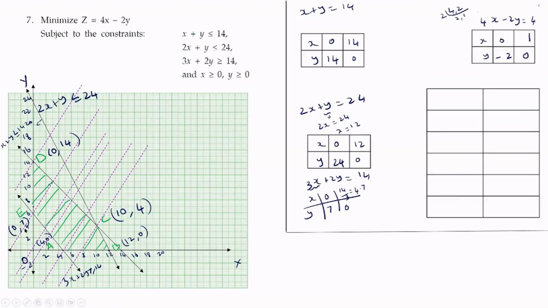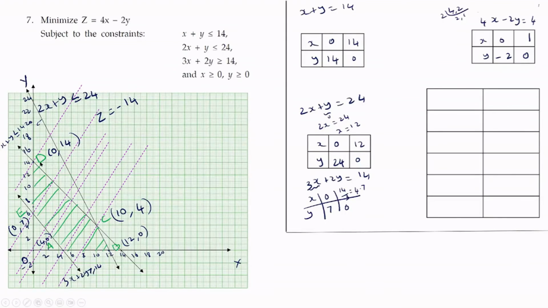isocost line. So if we substitute the value of x and y, here the value of x is 0 and y is 7, so for this line we will get the value of z as negative 14.